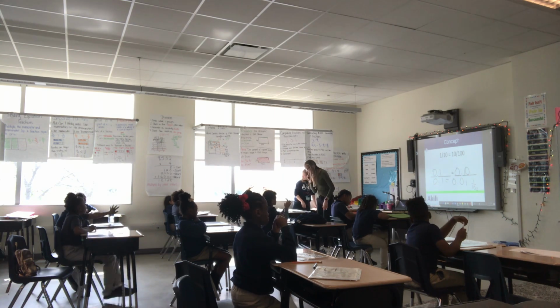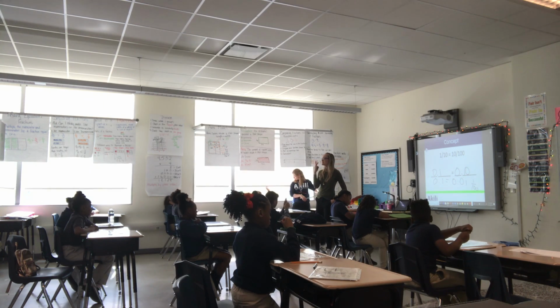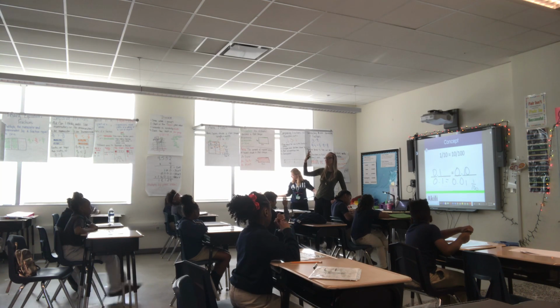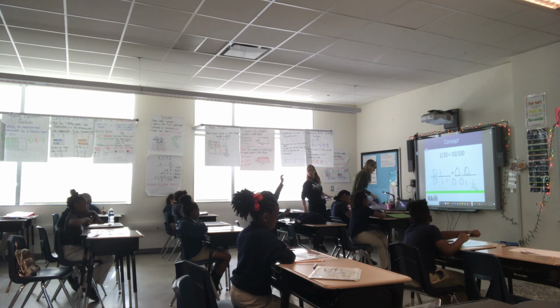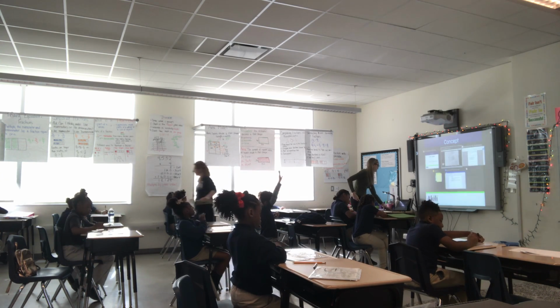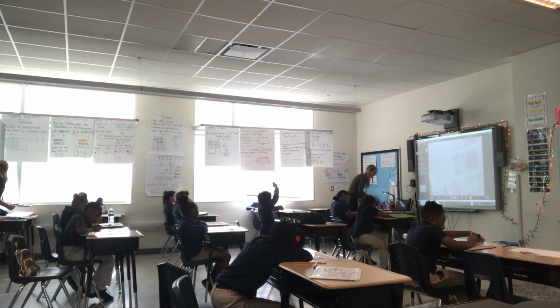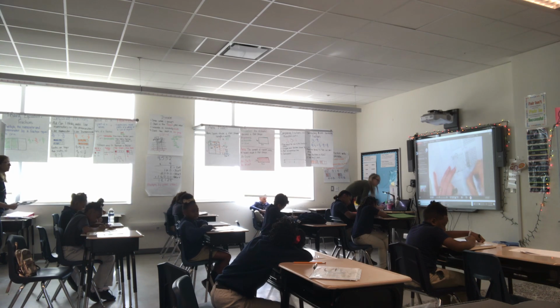And this time, I want you to shade in 30 hundredths on the second area model. Listen, 30 hundredths on the second area model. Go. Can you repeat that instruction?